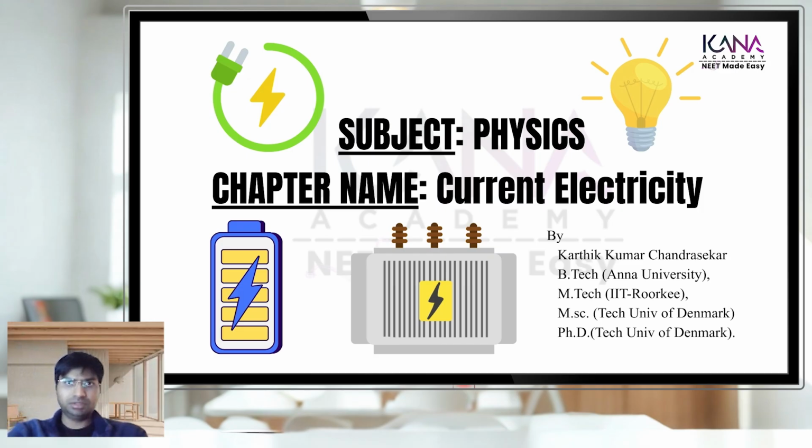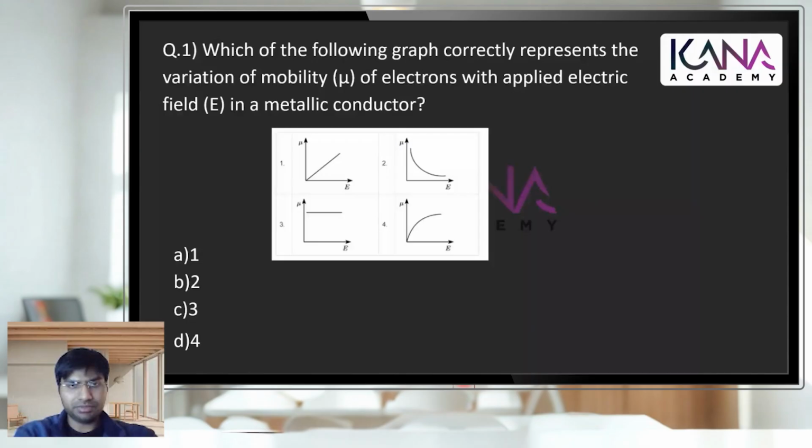Okay, first question. Which of the following graphs correctly represents the variation of mobility of electrons with the applied electric field in a metallic conductor?